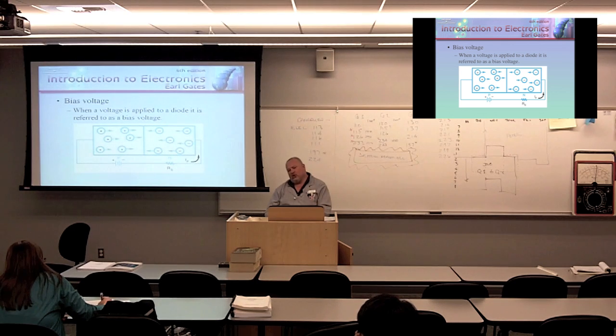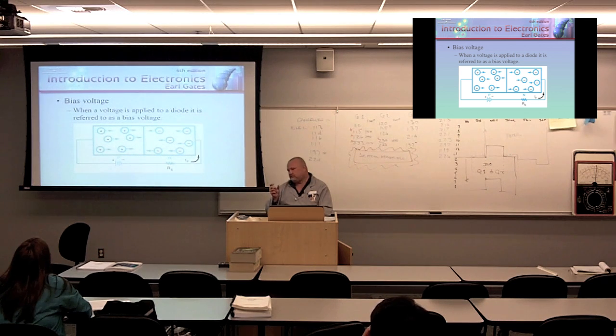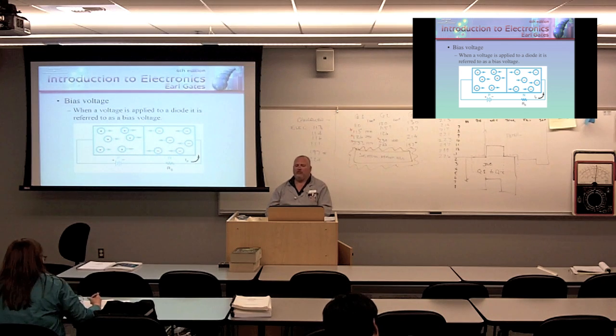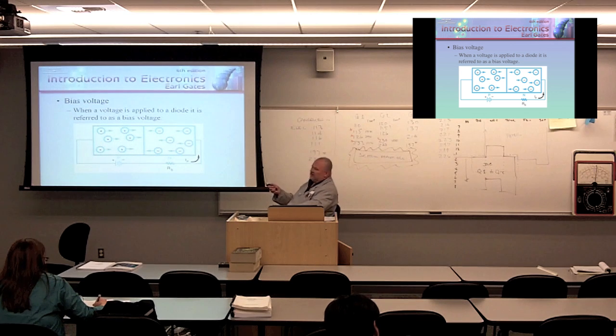Here's a new term for you. It's called bias voltage. Bias means operating point. So operating point voltage. When a voltage is applied to a diode, it is referred to as a bias voltage. Now in this particular case, what we see here is our voltage source with a negative on the right. Current flows negative to positive.